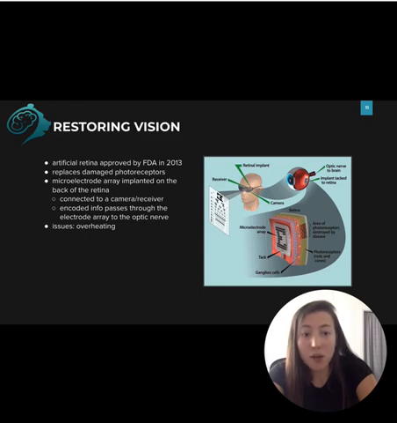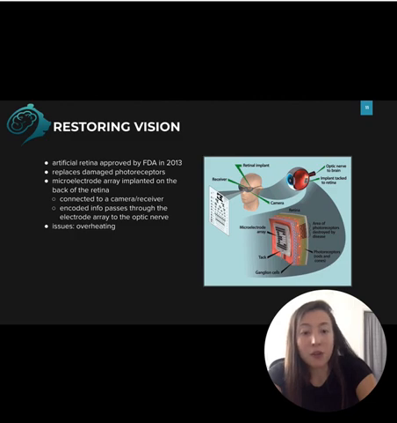It's a small chip with many electrodes that are connected to a camera that rests in front of the eye. Information from the camera is encoded and sent to the chip, which in turn activates the retinal ganglion cells or the optic nerve and allows for some form of vision restoration.